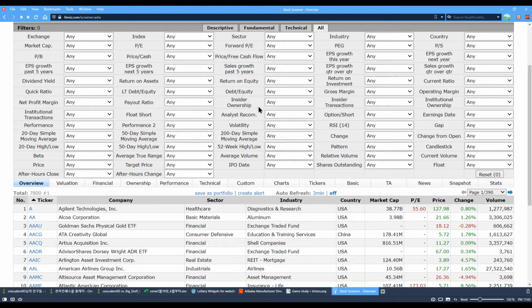So let's get started. Basically with a screener, I want to set criteria based on what I'm looking for, and in this case it has drop-down menus. There are other screeners available, like Yahoo Finance has a screener, investing.com has a screener, which are free.